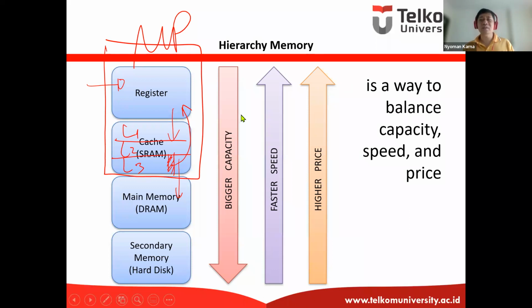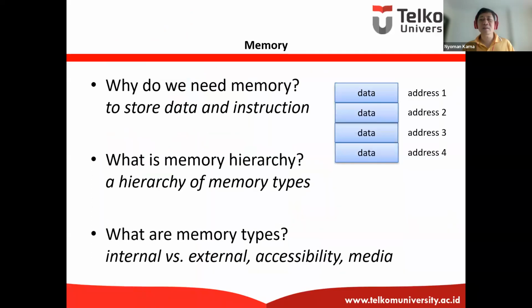The purpose is we want to balance between capacity, speed, and also the price. We want to make it fast enough, but also affordable to the user, so everyone can buy a decent computer. Not the very fast computer, not the fastest computer on earth, but a decent computer.